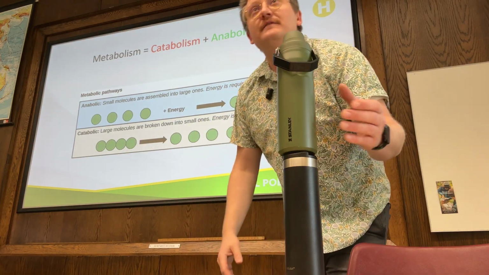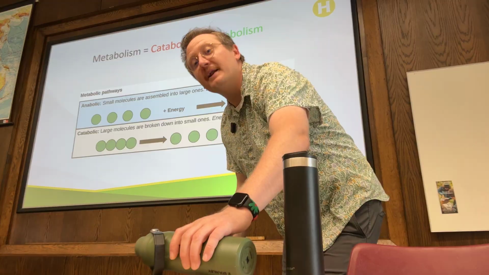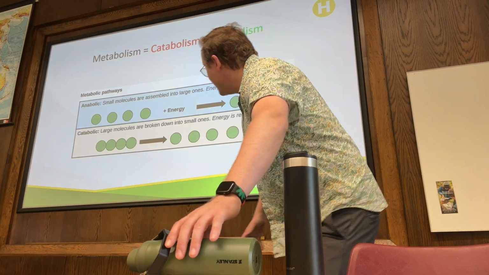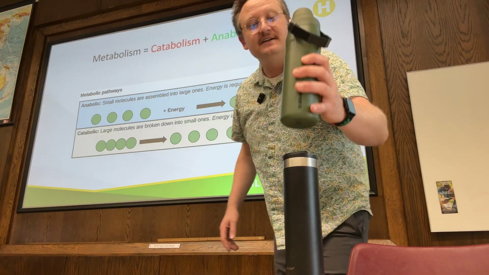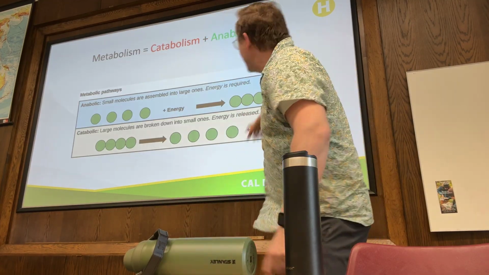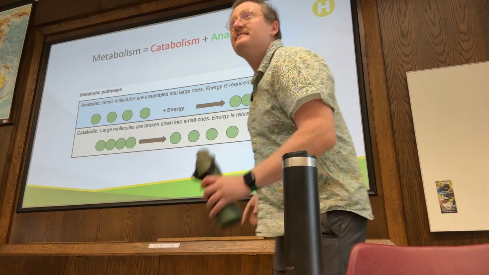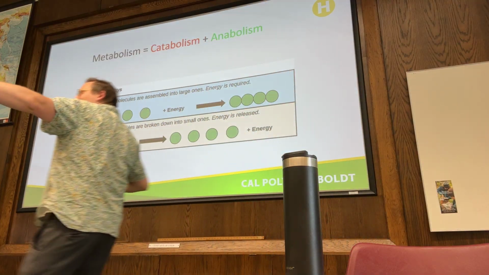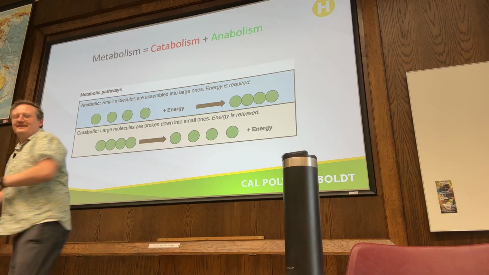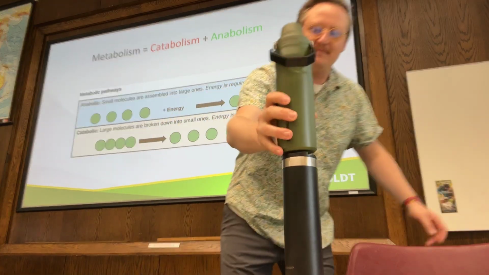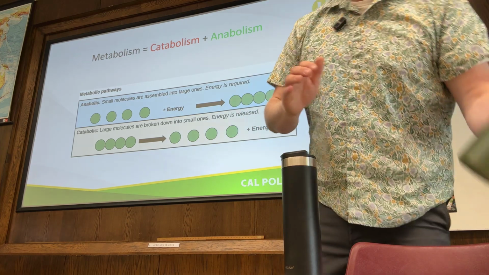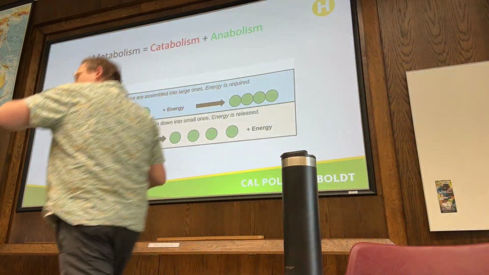And then when I come over and I break that bond, the energy gets released, okay? That's a catabolic reaction. A large molecule is broken down into smaller molecules, and the energy gets released. Now, every time you go between these, you lose energy, right? The energy I put in to make the molecule doesn't all come out when I break the molecule, all right? But that's catabolic and anabolic.